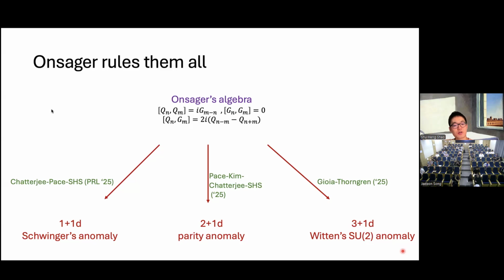Maybe subtle is not the right word, because they are straightforward from the continuum point of view, but they seem really severe from the lattice Hamiltonian point of view if your local Hilbert space is finite dimensional. So yeah, I think the novelty of this series of work is that we're trying to realize all these more severe anomalies on the lattice at the cost of modifying the algebra for the symmetries.